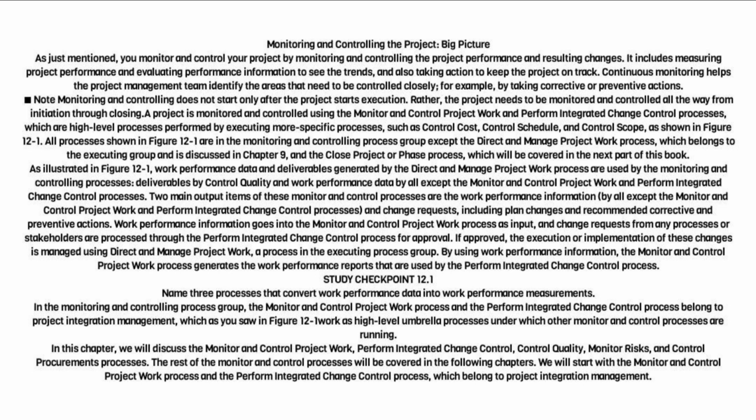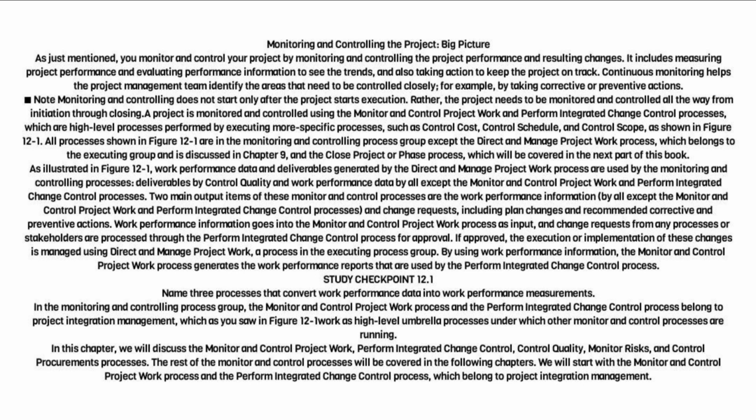In the monitoring and controlling process group, the monitor and control project work process and the perform integrated change control process belong to project integration management, which, as you saw in Figure 12-1, work as high-level umbrella processes under which other monitor and control processes are running.